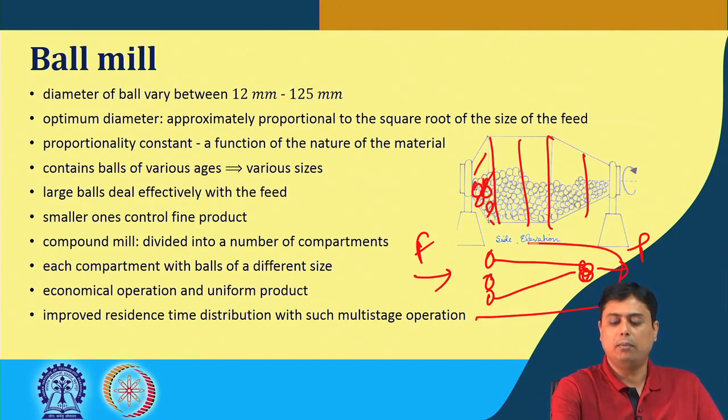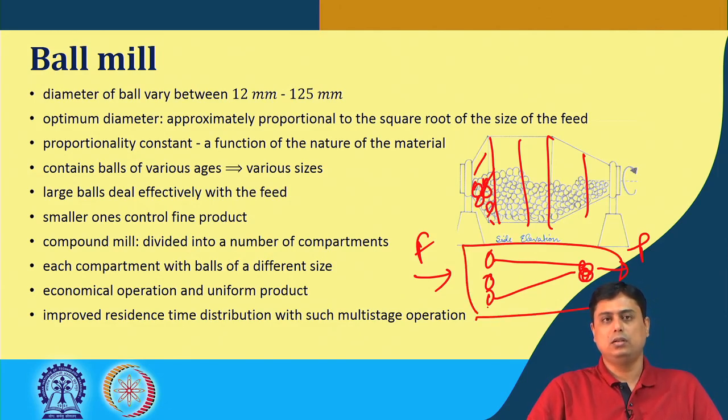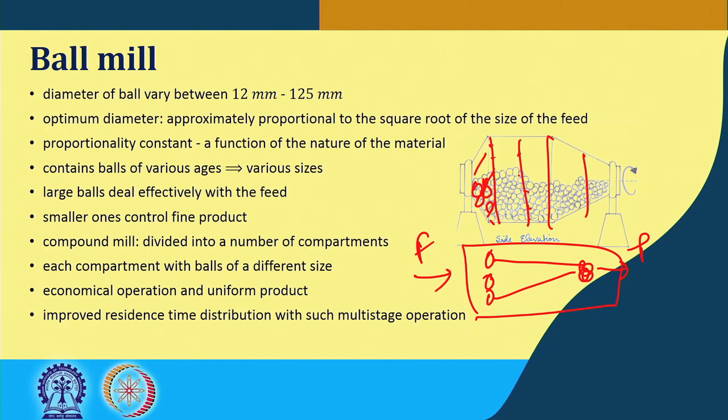In this way, by this multi-stage operation, we can have economical operation and uniform products. We can also improve the residence time distribution with such multi-stage operations because of these vertical screens. Otherwise, in single stage operation, it is a one stage process that assumes a uniform product.